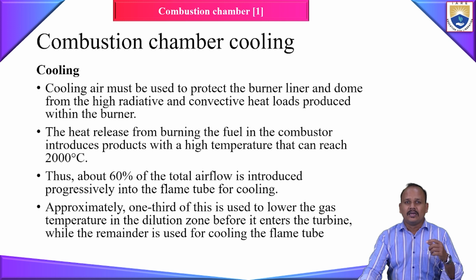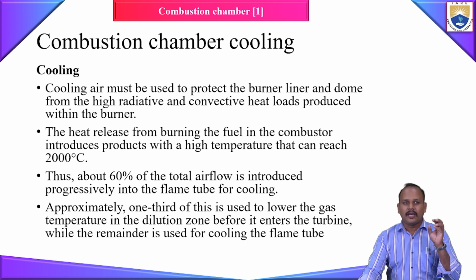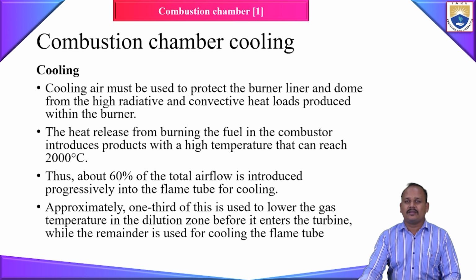Because of this convection from the hot gas to the inner wall, that is the flame tube or liner, the temperature of the liner material will increase. When the temperature increases, the material is going to elongate because of it. Even if the mechanical load acting on the material is within the yield strength, you know what yield strength is?